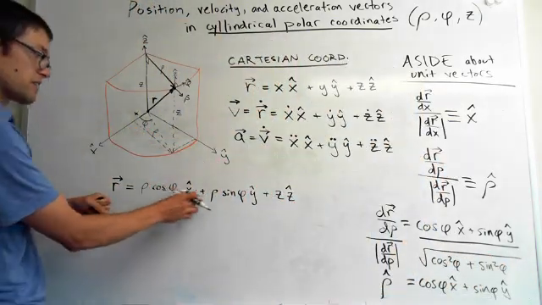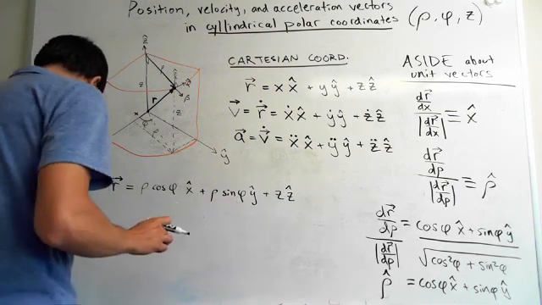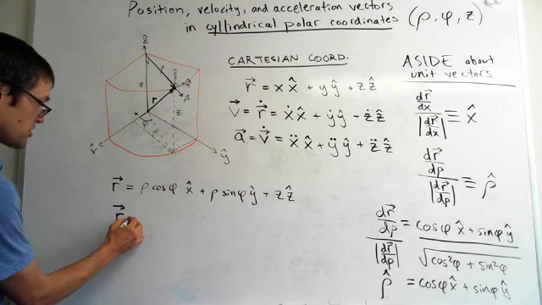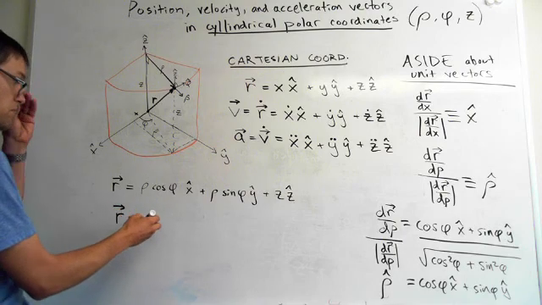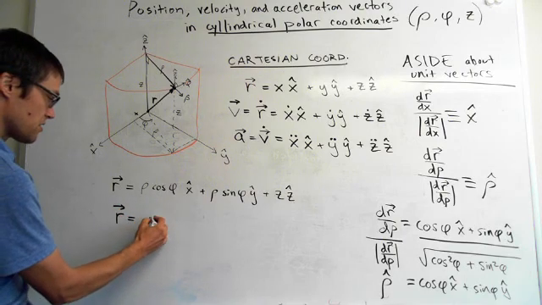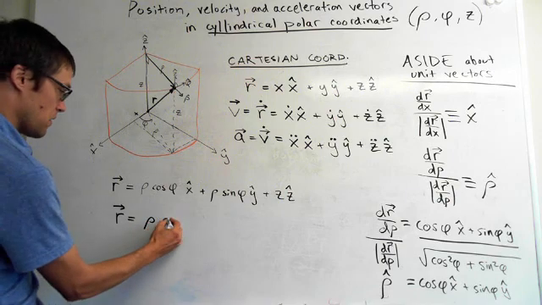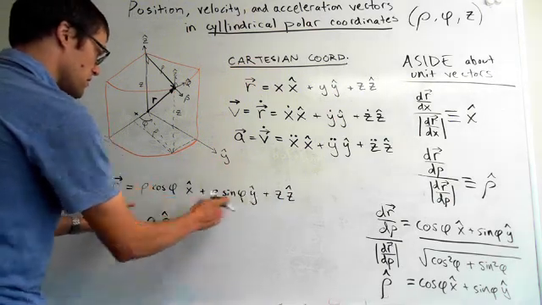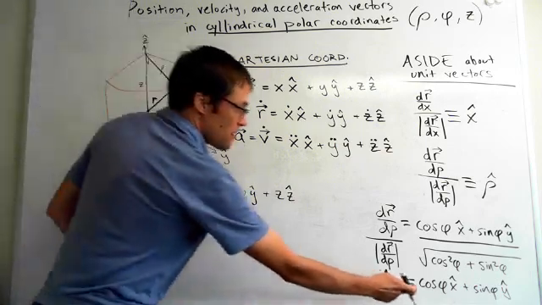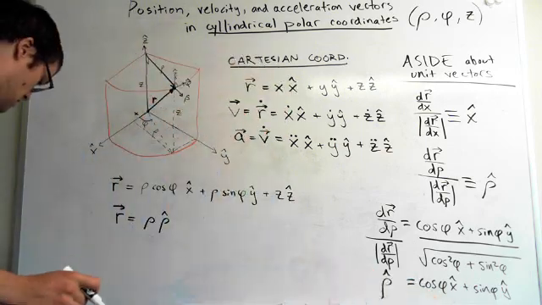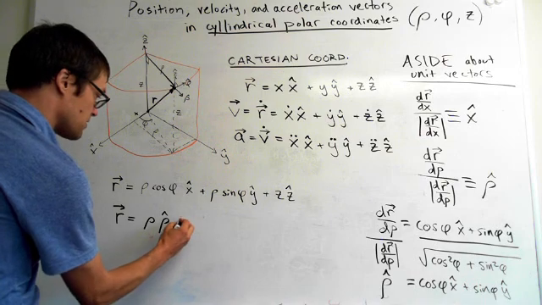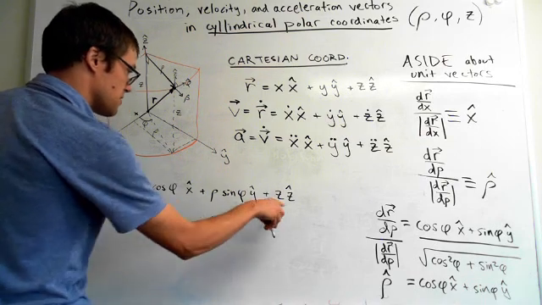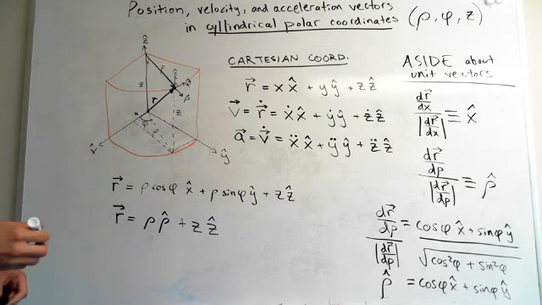which lo and behold is sitting right here, right? So if we want to write down the position vector in cylindrical polar coordinates, it is rho times rho hat. That's rho times that thing, plus z times z hat. That's still keeping the z coordinate there. That's it.